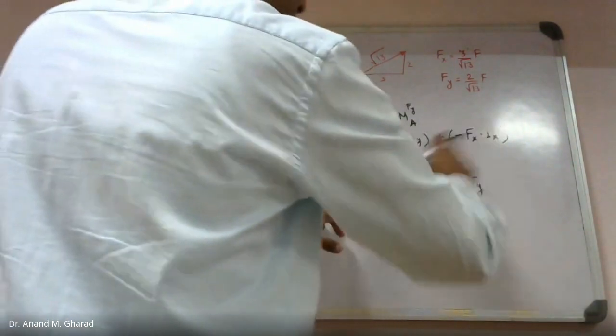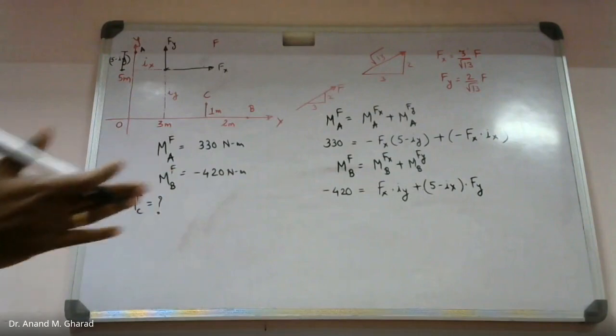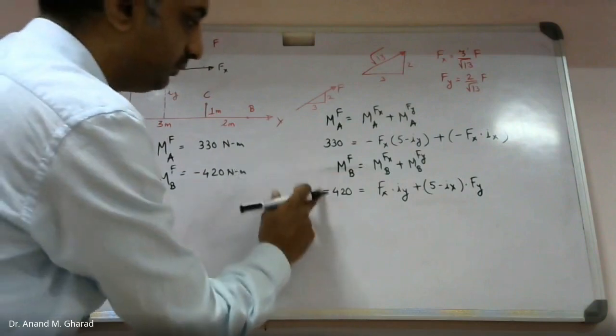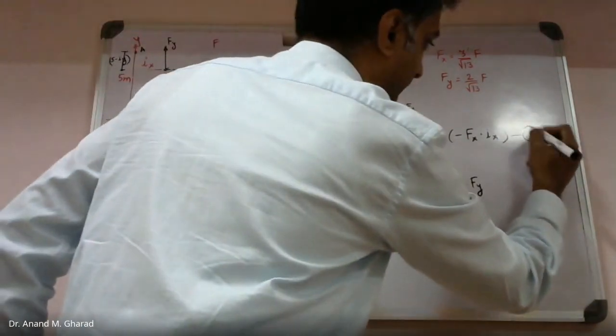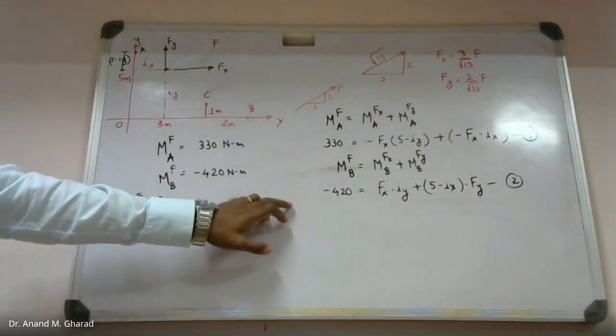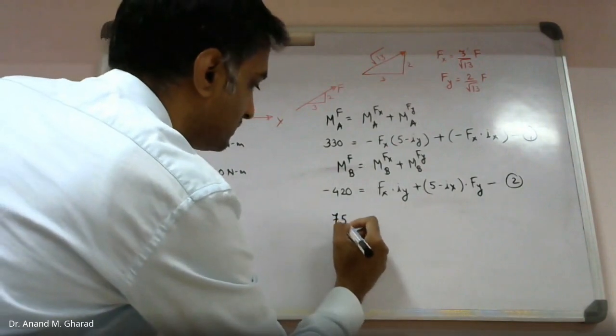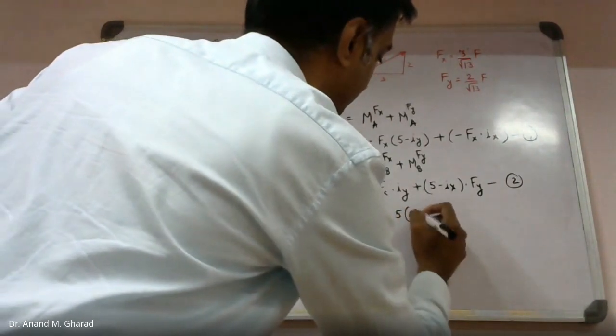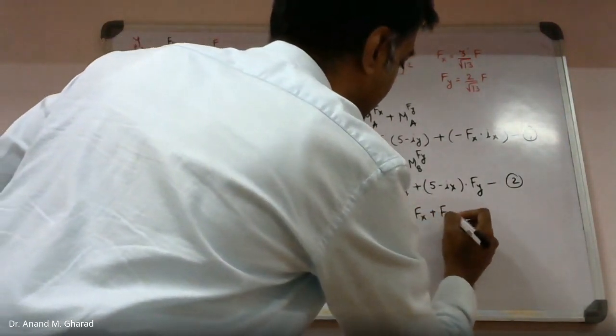So what do you observe? If you expand these equations, what is your observation? Fx, Fy gets, Fx, Iy gets cancelled, and ultimately, if you subtract these two equations, I will write down directly. After subtracting these two equations, you will ultimately get 750 equal to minus 5 times Fx plus Fy.